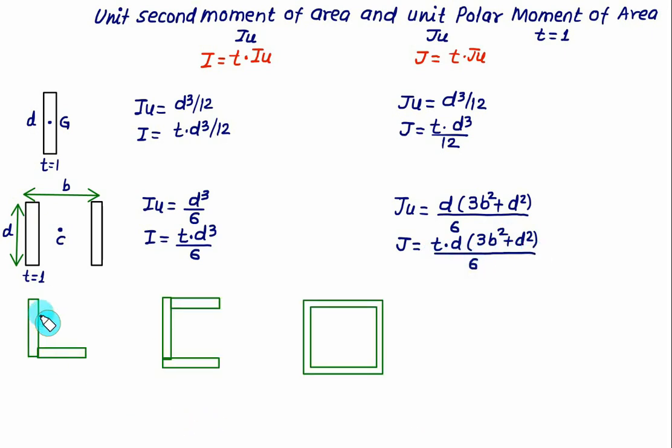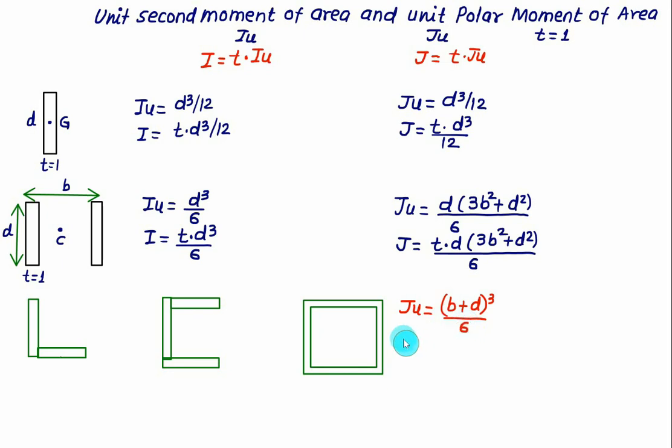And for other types of welding, such as L type, data is available in the data book. Even for U shape data is available, with two parallel vertical and one horizontal weld. In that case the value of Ju is a straightforward value, so I am giving you this value, equal to (b plus d) whole cube divided by 6.